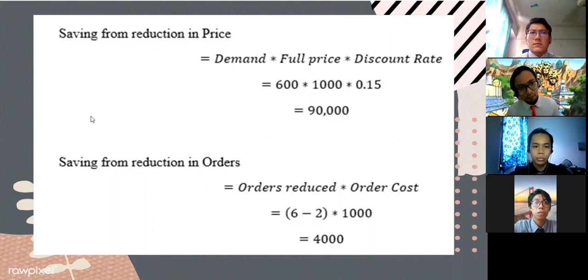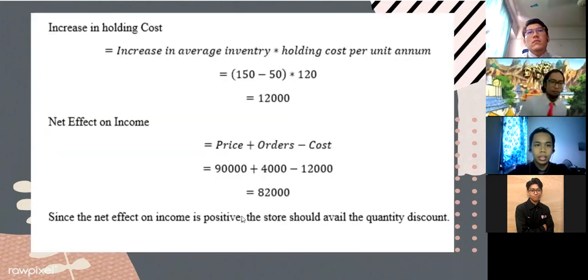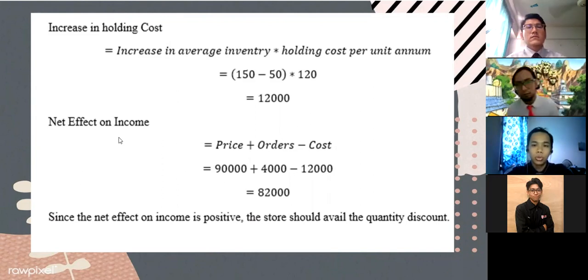And the saving from reduction in orders, we calculate by multiplying orders reduced and order cost, which is 6 minus 2 times 1,000, equals 4,000. And the increase in holding cost equals the increase in average inventory times holding cost per unit per annum, which equals 150 minus 50 times 120. So the total is 12,000.